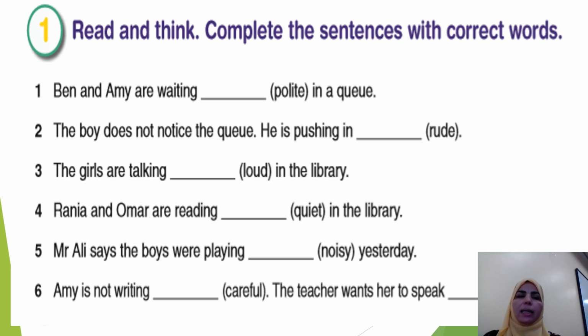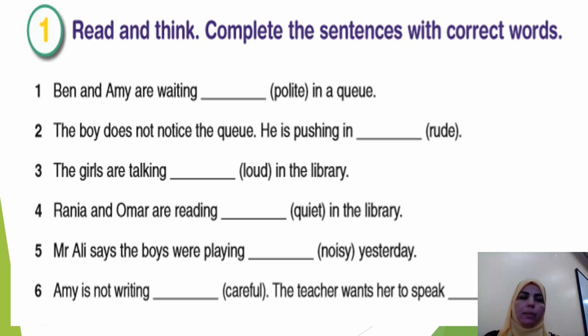Number 1, Ben and Amy are waiting, gap, polite, in a queue. Number 2, the boy does not notice the queue. He is pushing in, rude. Number 3, the girls are talking, gap, loud, in the library. Number 4, Rania and Omar are reading, gap, quiet, in the library.